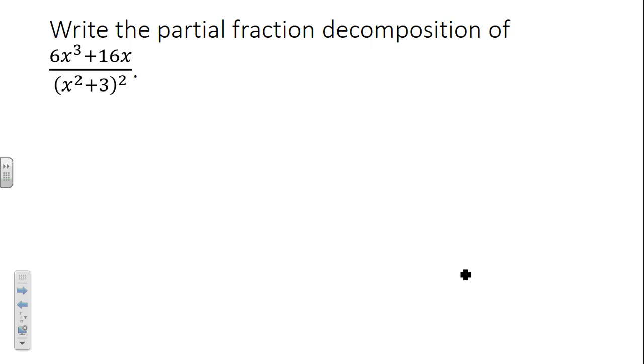All right, denominator's already in factored form, right? Okay, so to make this work, we need to gather up everything. So we need an x squared plus 3 squared and an x squared plus 3.